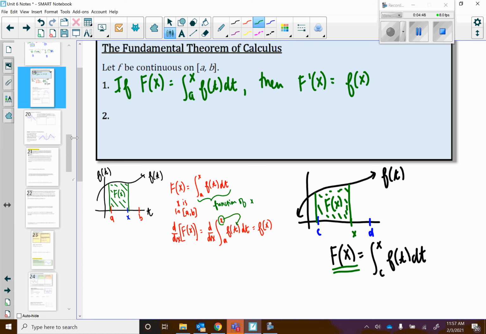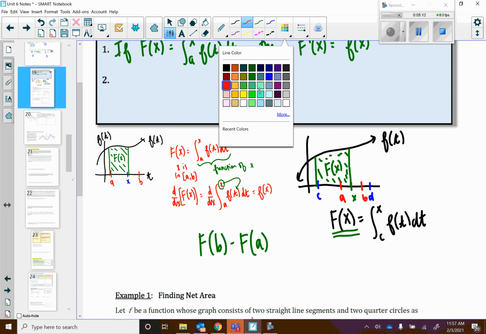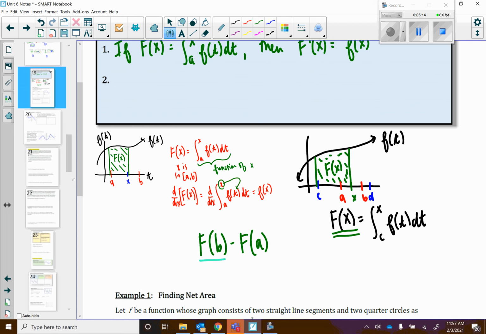Well, what if I was looking to find, let's say, f of b minus f of a? And I'm going to add a and b into my x-axis here, where I'm going to put b right here, let's say, and a right here. Well, let's begin with f of b.